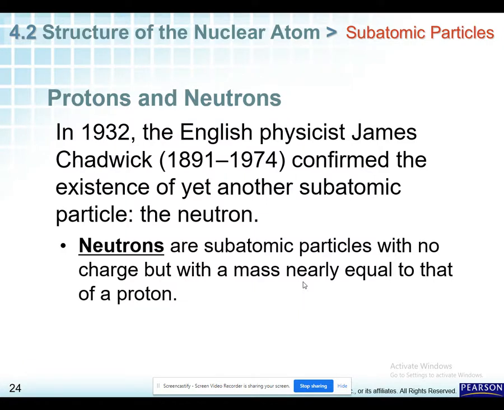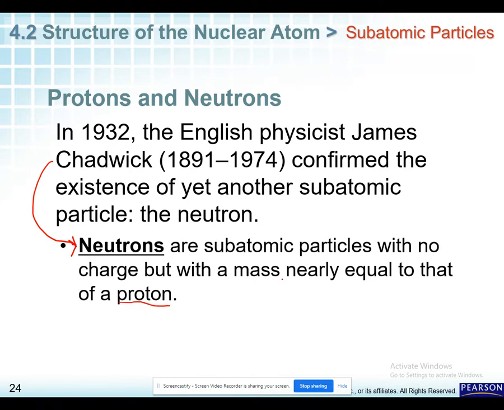And then last but not least, we have to cover neutrons. So in 1932, an English physicist named James Chadwick confirmed the existence of a neutron. So if you're matching up scientists for your test, Chadwick discovered neutrons. If you don't know what a neutron is, it's a subatomic particle that has no charge, so it's not positive or negative, and its mass is equal to a proton.